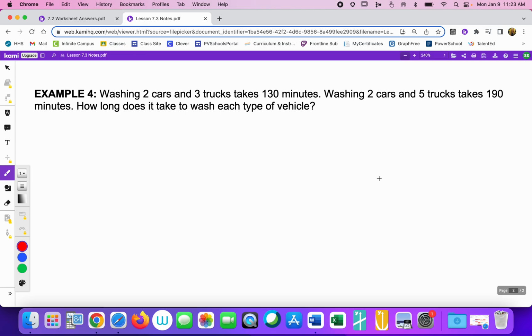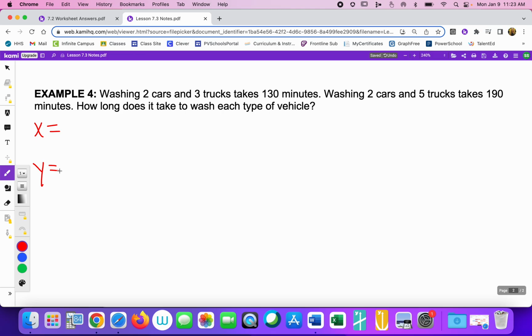Now, do you guys want to use X and Y or C and T? X and Y. Okay. You can use whatever letters you want to. If you're going to use a T, just make it not look like a plus sign. So either a capital T or curve the bottom of it. Doesn't matter which is which. Is one variable independent of the other? No. Cars and trucks are both vehicles.